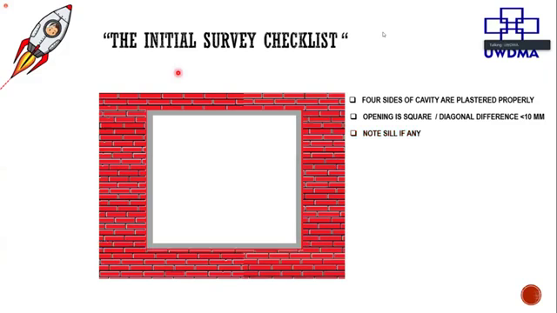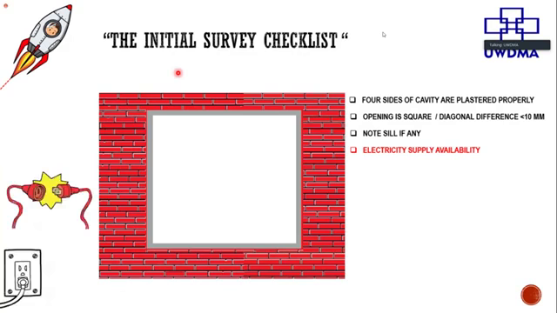The next thing to consider is whether electricity supply is available or not. Especially when it is a multi-floor building, always check whether electricity supply is available near where the windows have to be installed.